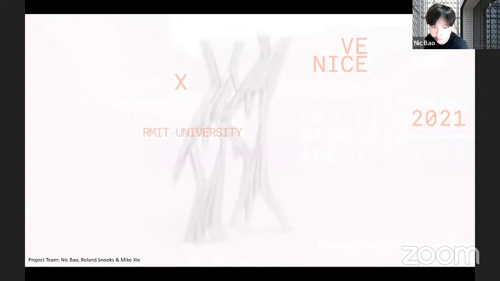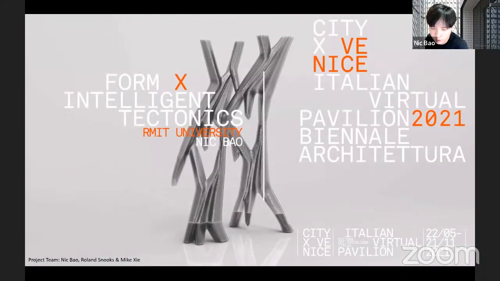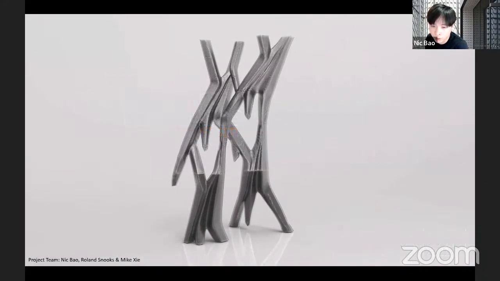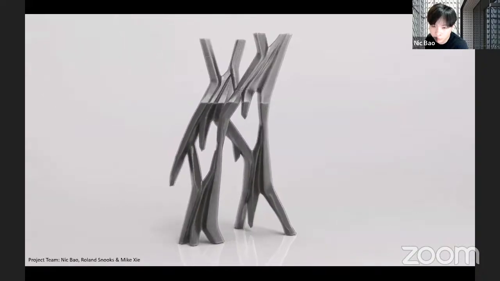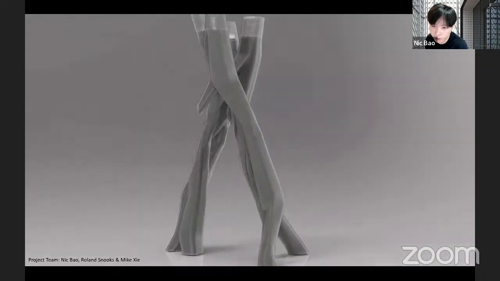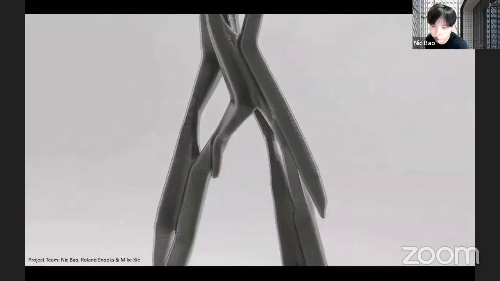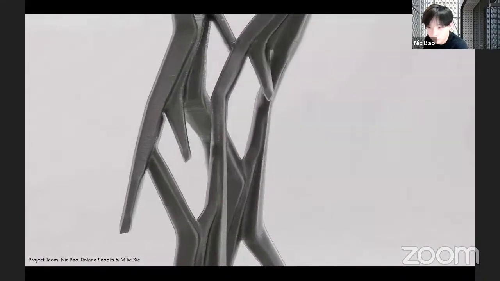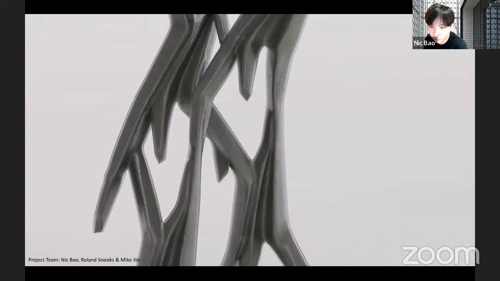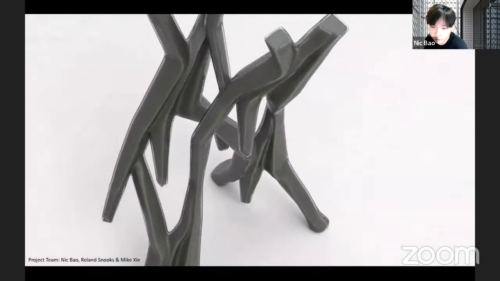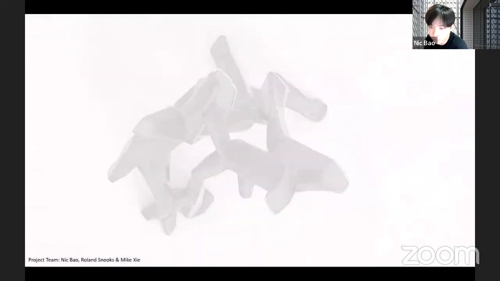This project is different from the last project. We use high performance concrete to cast into this printed formwork, and test if this formwork can work or not.